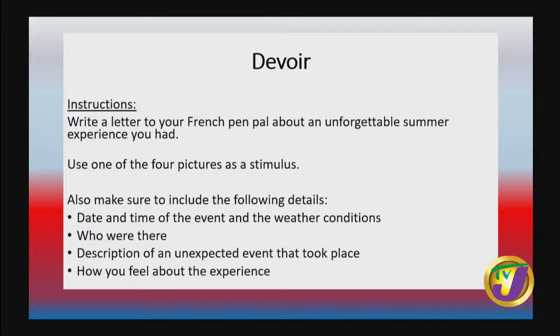Was it with your mom and dad, brothers, sisters, and so on? And also, you must give a description of an unexpected event that took place. You should also say how you felt about the experience or how you currently feel about the experience. And of course, you know that we are expecting you to write in the passé composé et l'imparfait. Very good. Très bien.